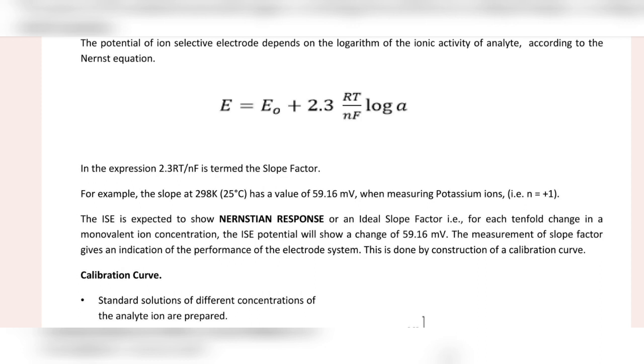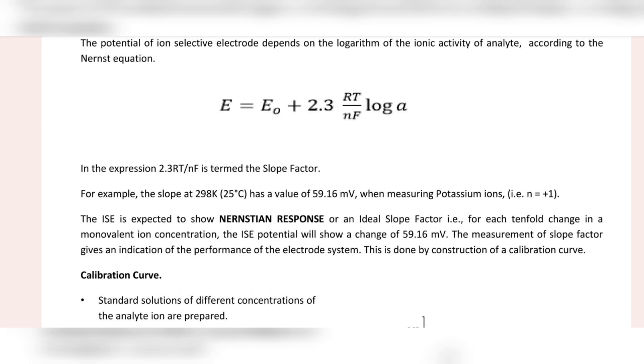So suppose a tenfold change in concentration occurs, and it changes from 10 to 100. What happens? 2.303 RT by NF log 100 is there. Log 100 is equal to 2, whereas before, log 10 is equal to 1.